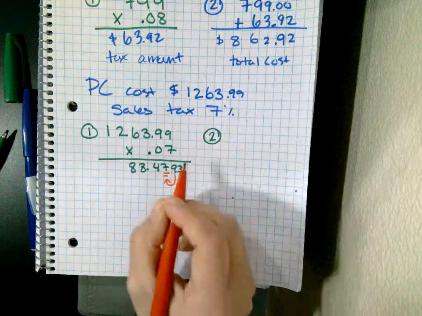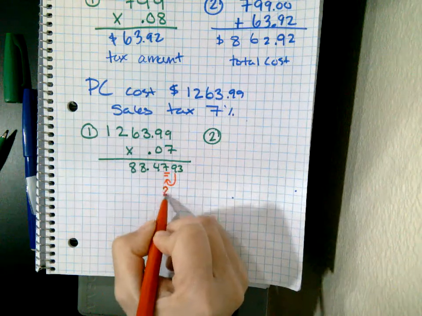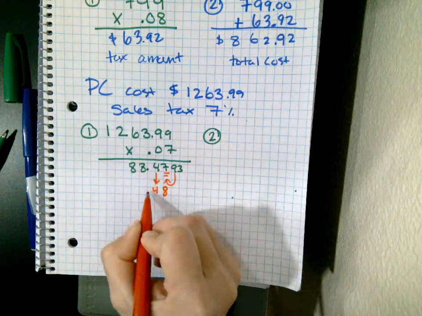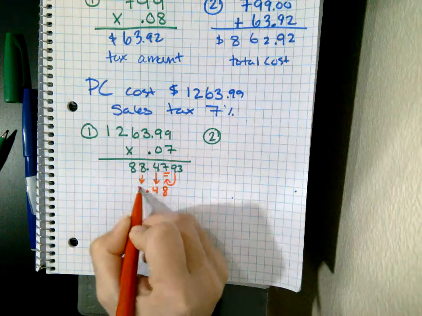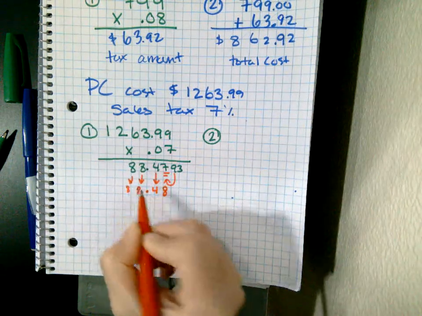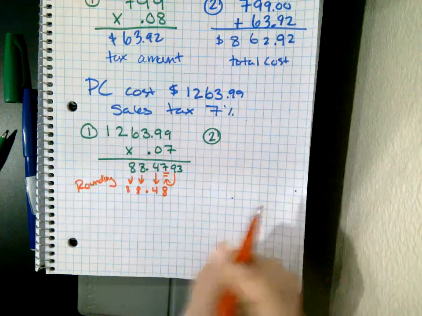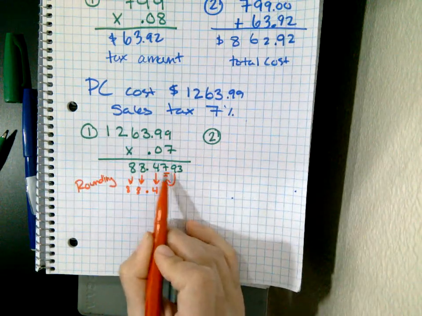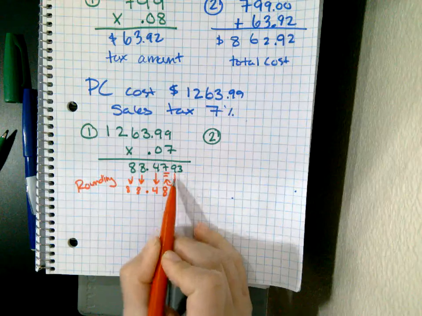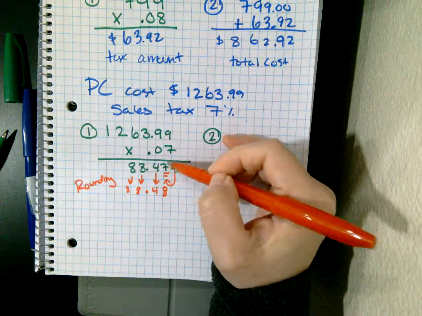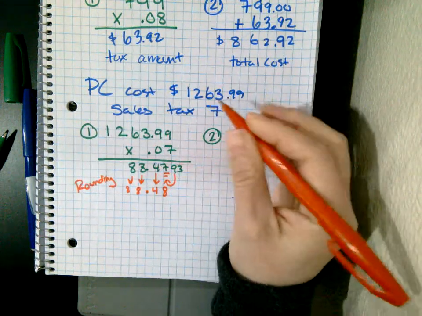Go up. So the 9 tells the 7 to go up to an 8, and then we just bring down the 4, bring down the decimal, 88. So this is called rounding. We talked about this yesterday. When you get a number with a bunch of decimals, just round. Figure out which numbers are in your penny, look back, go up or stay the same.